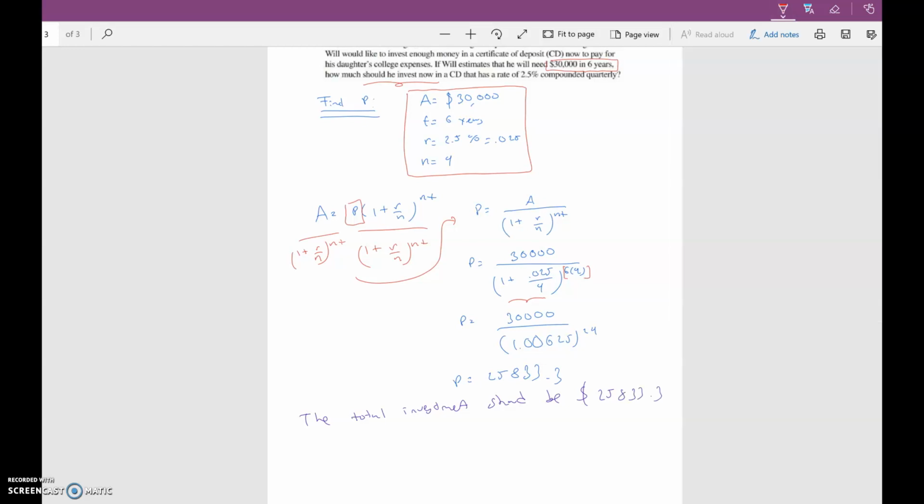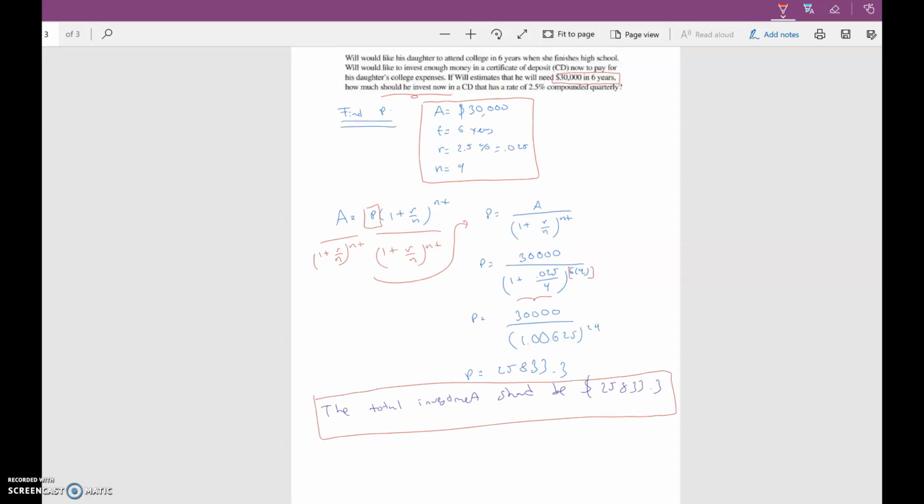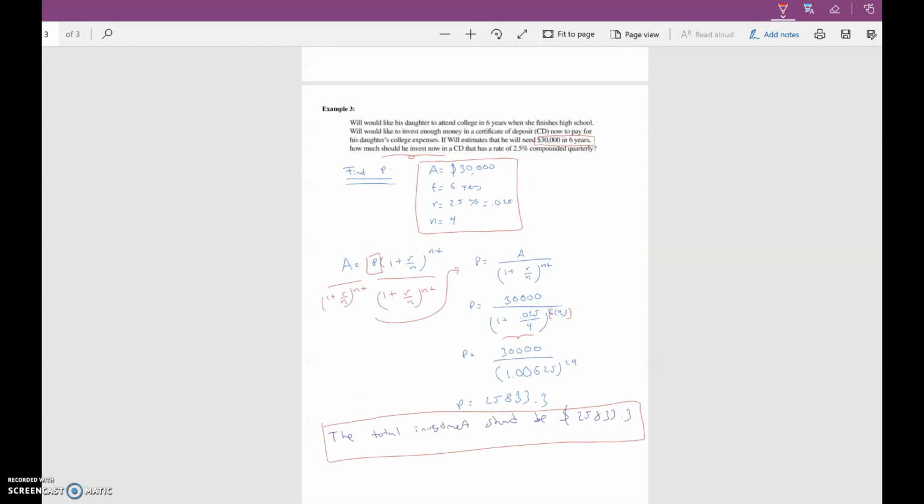That's how much this individual should put into the account so that by the time the actual CD matures, you have the entire money for the tuition. Let me just double check. But that would be it for this one.